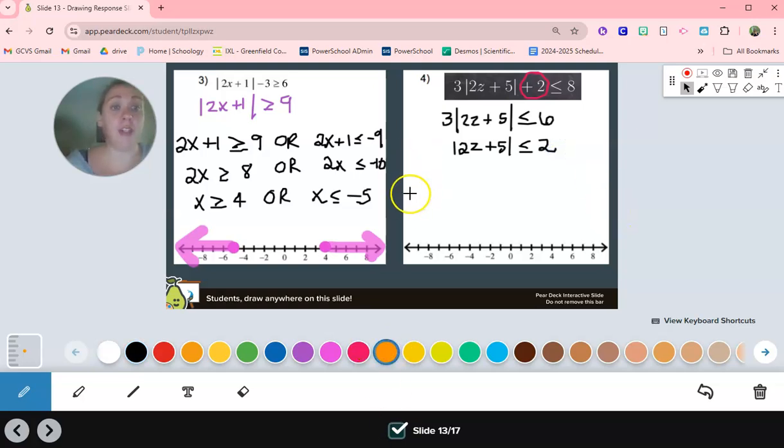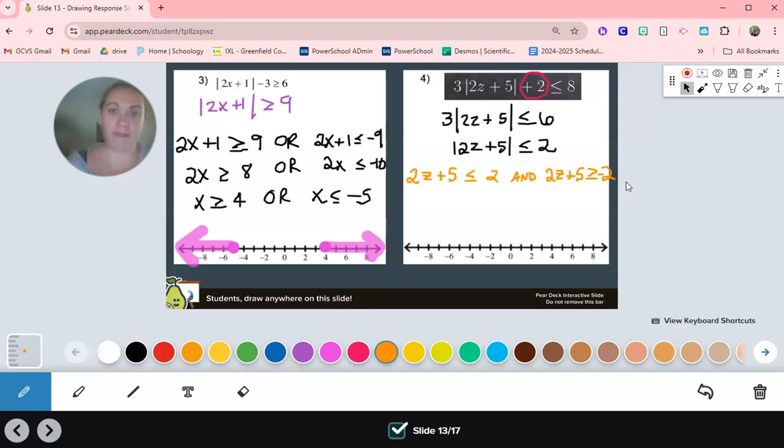And now we can write our two inequalities. First one stays the exact same, 2z plus 5 less than or equal to 2. And 2z plus 5 greater than or equal to negative 2.